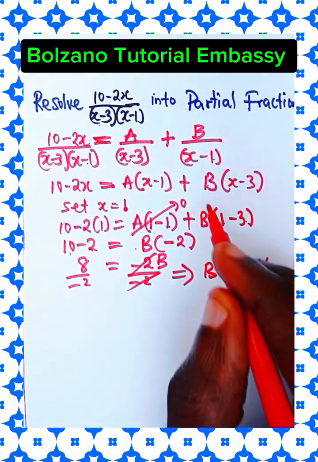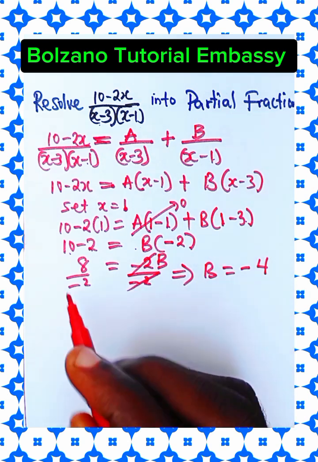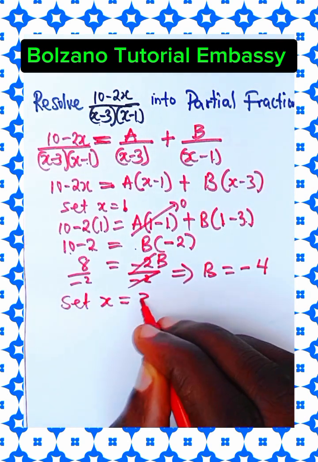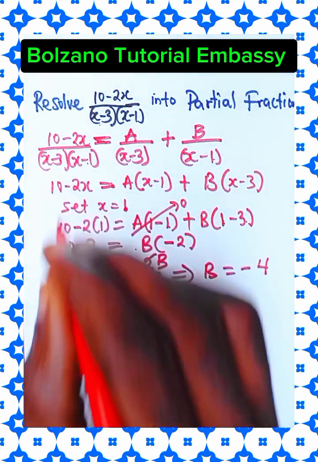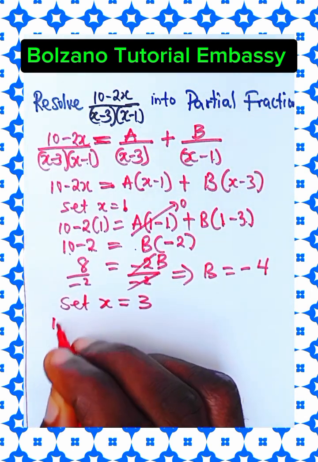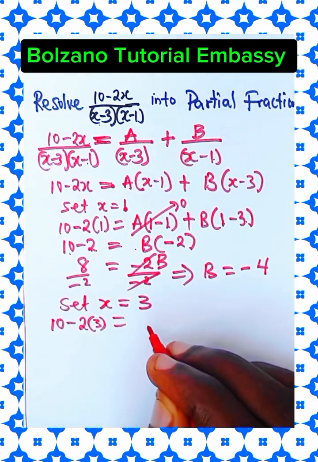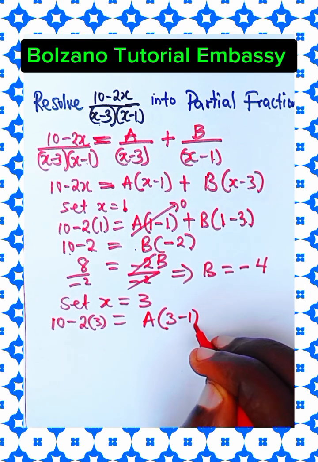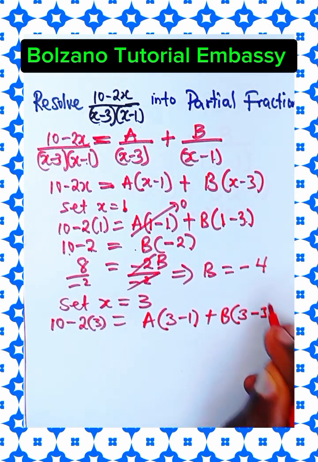Now to get a, we have to eliminate b. To eliminate b, we can set x to be equal to 3, so that 3 minus 3 will give us 0 and b is eliminated. So when x is 3, the left hand side we have 10 minus 2 times 3, which is 10 minus 6, equal to a times (3 minus 1) plus b times (3 minus 3).